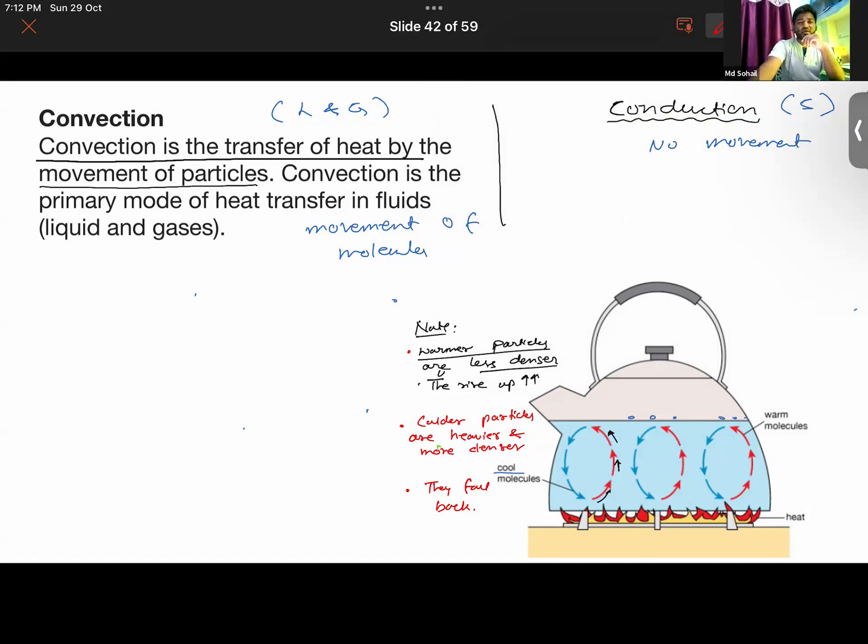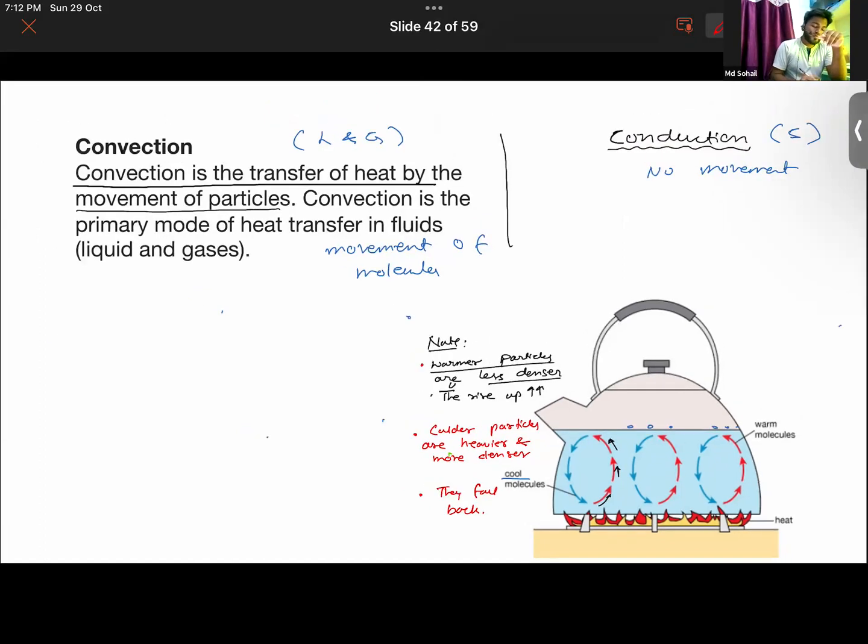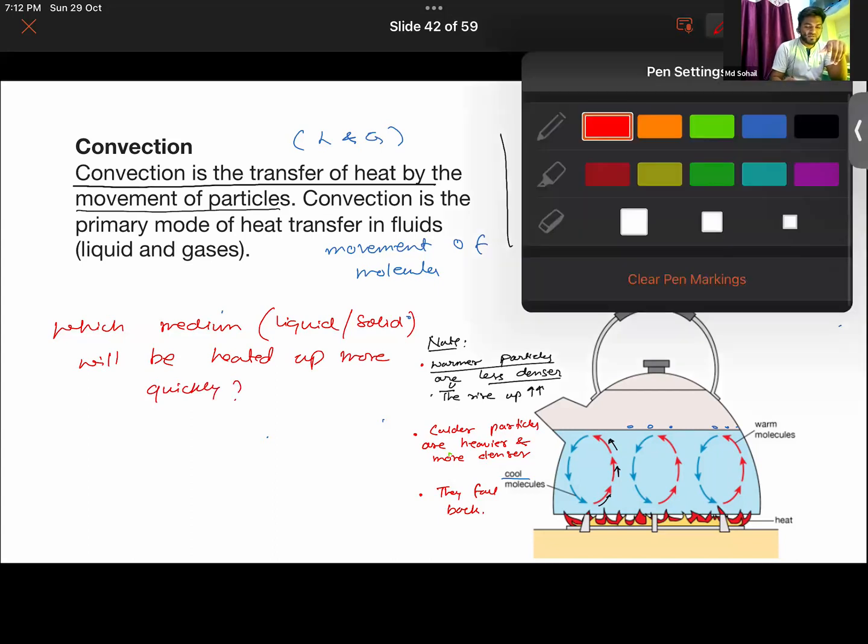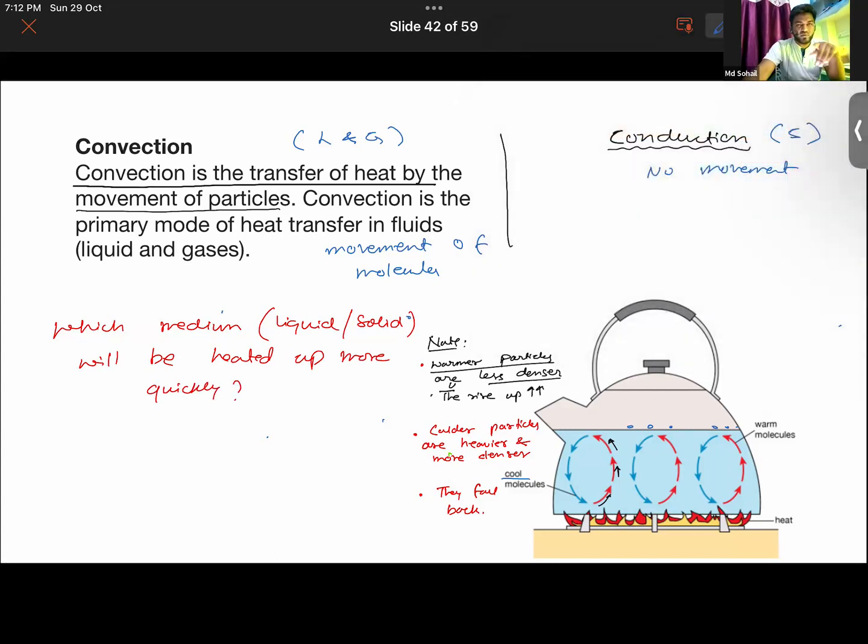My question is: which medium, liquid or solid, will be heated up more quickly? Okay, come up with the answer, and come up with the explanation also.